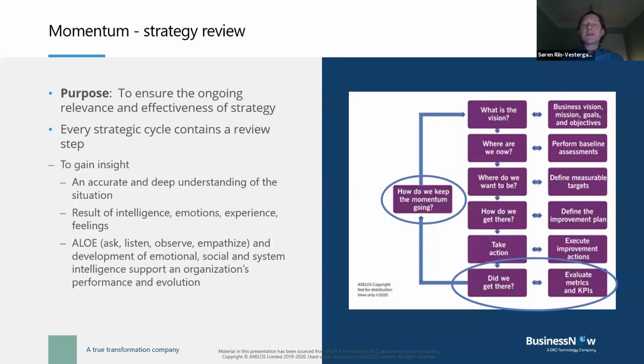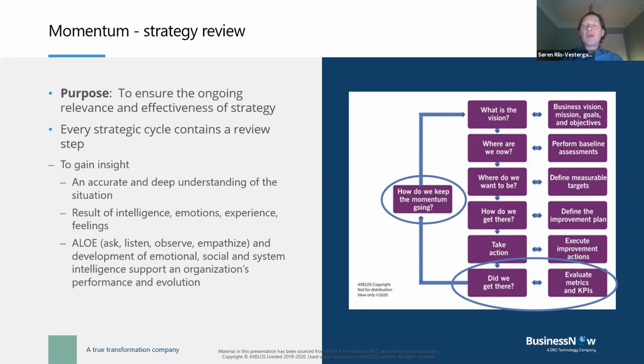So this is a recommendation to inspire us to conduct a strategy review when we have been through one iteration of the strategy journey, to ensure the ongoing relevance and effectiveness of strategy. What did we achieve, and what in our environment has changed? What in our perspective has changed? Have we evolved our success criteria?